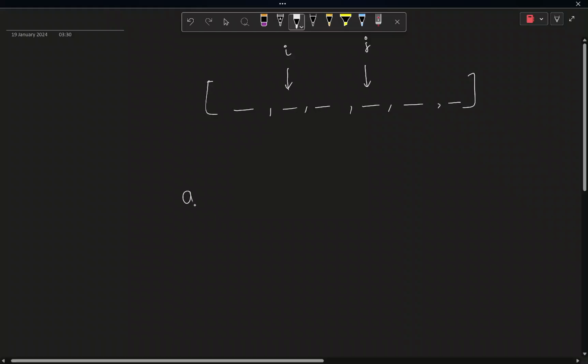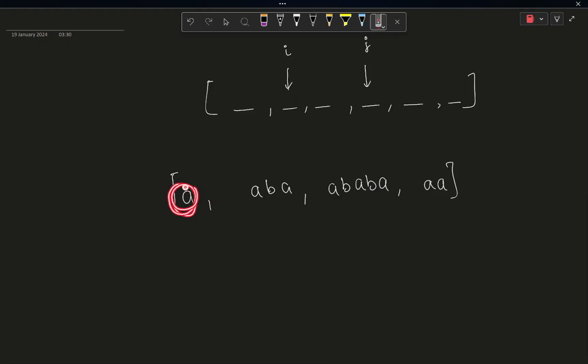A, ABA, ABABA, and A. For this given input, you see this A is coming up as a prefix in all these strings.